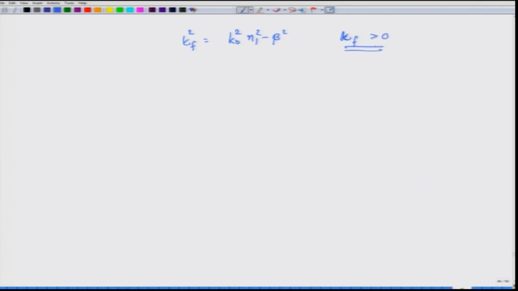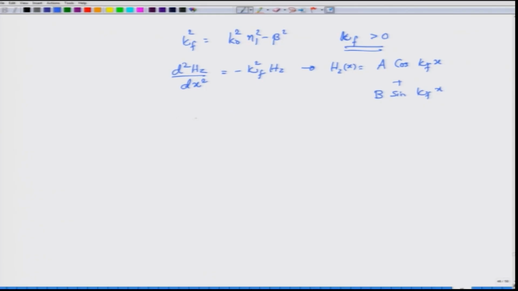So, only when kappa f is a positive quantity, I will have d square Hz by dx square equals minus kappa f square times Hz, have a solution, okay, in the form of a cosine kappa f x plus b sine kappa f x. Okay. So, this should be the condition within the film.